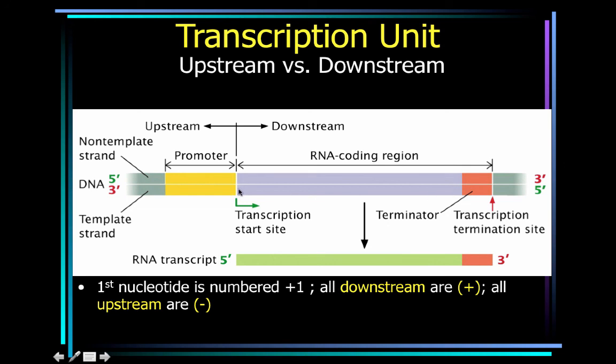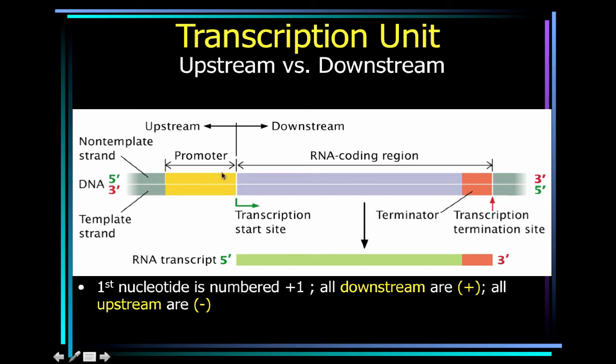So we have +1, which is going to be the nucleotide right after the start site, and then we may have +35 or +300 downstream. That's going to indicate the number of base pairs after the start site. The opposite is true before the start site, and those nucleotides are going to be designated as a minus or a negative.